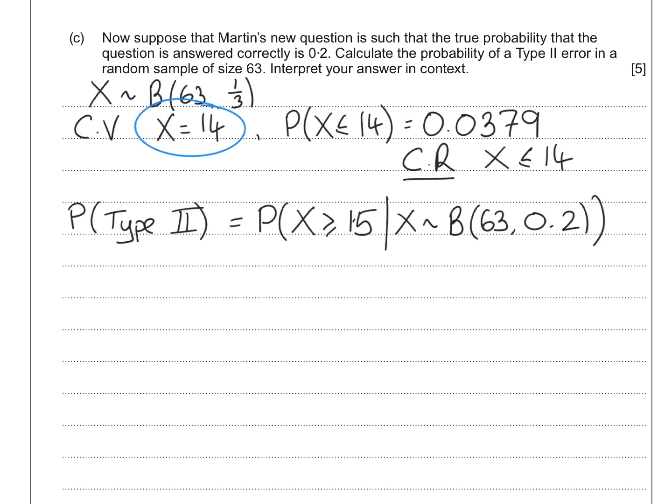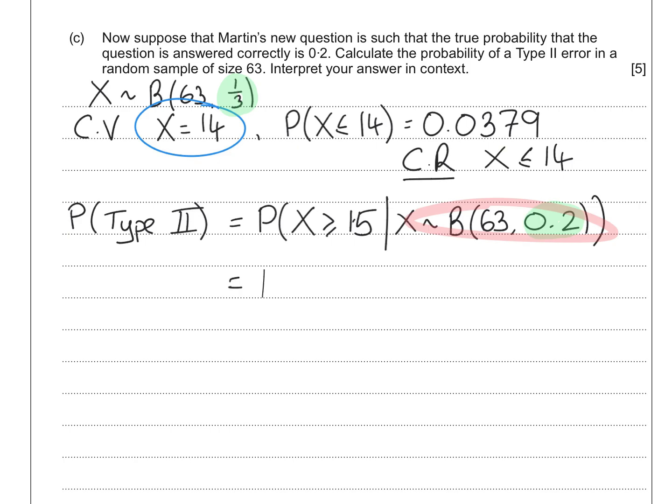So if you think, that's the only thing really that's changed from what we had up here. We now know that this is the probability of them getting their question right. Okay, so we can work out that probability by doing, I'm going to stop writing this bit now.